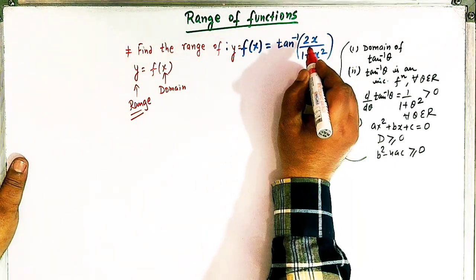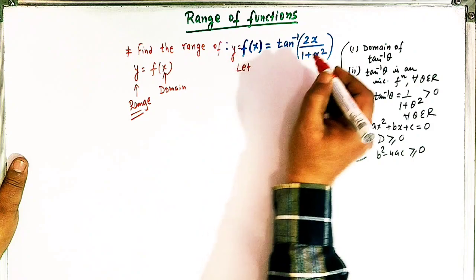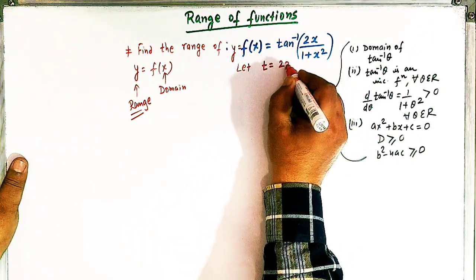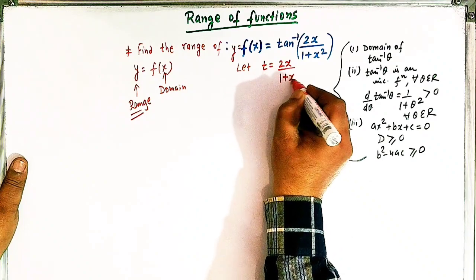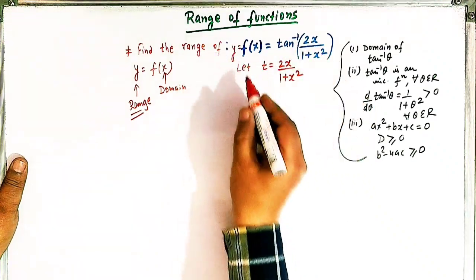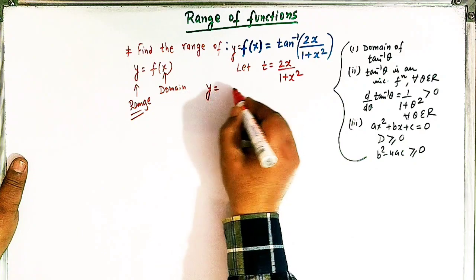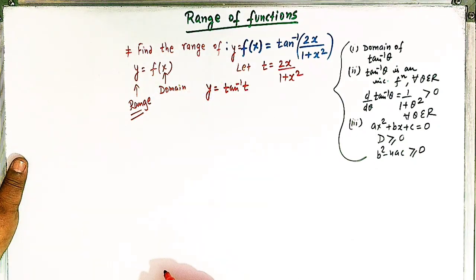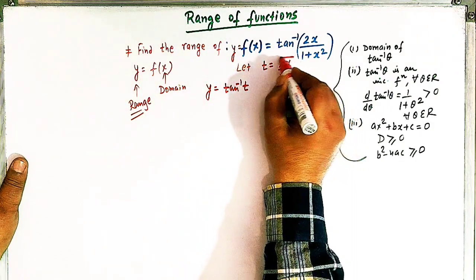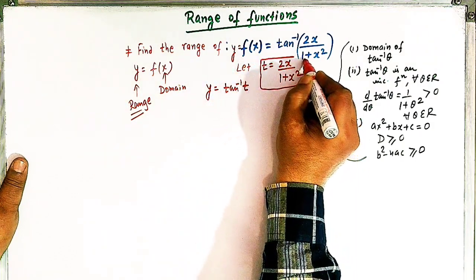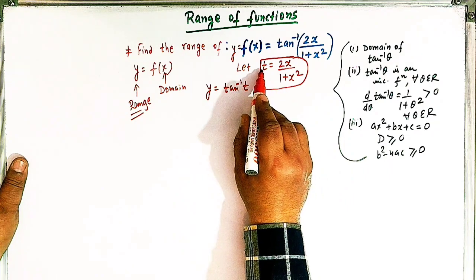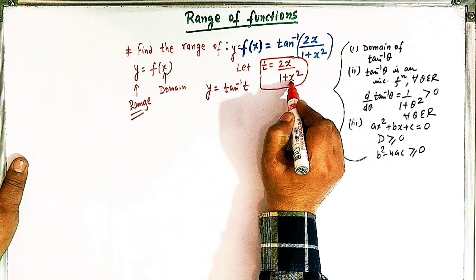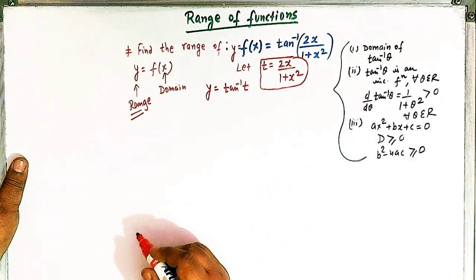So now let us take one more substitution. Let t be equal to 2x over 1 plus x square, right? So now we have y equal to tan inverse of t, right? Now we'll proceed from this expression and get an equation in x as a quadratic equation.